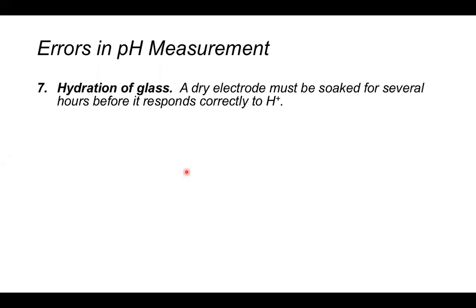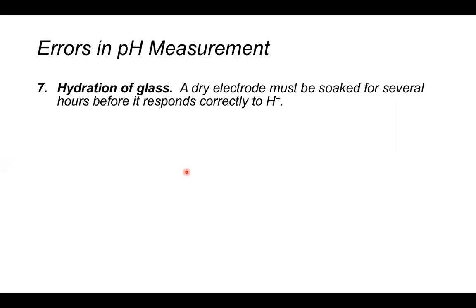Then the hydration of the glass. Usually for most pH meters, they need to be stored in a buffer solution. The problem is that if it dries out, the functioning of the glass electrode is reduced.